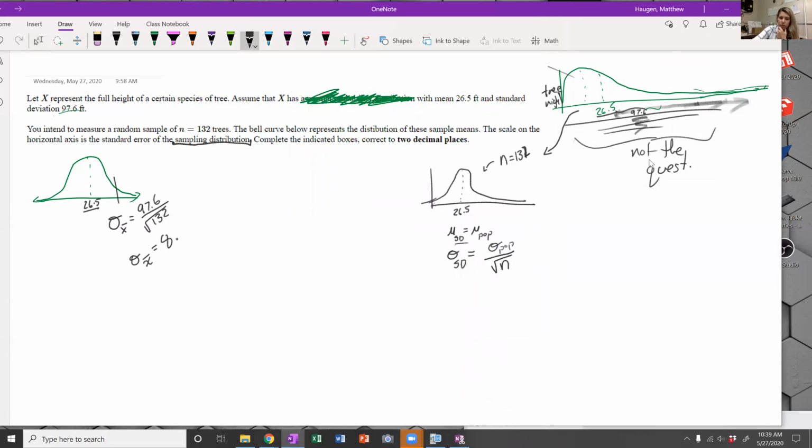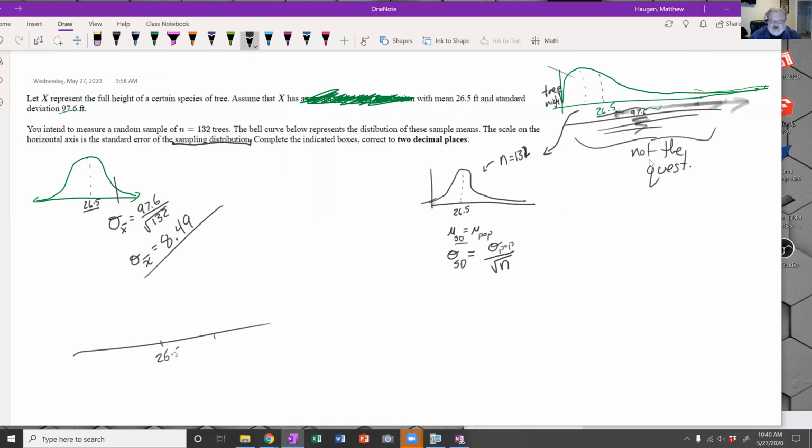So 8.49. Nice. Again, much tighter, because it's an average of 132 trees. So it pulls that variance way, way, way down. And that distribution then will go from the 26.5.